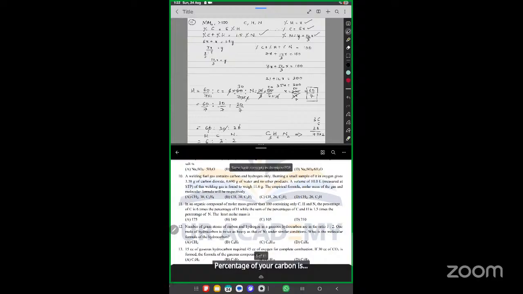Hydrogen percentage is x, carbon percentage is 6x and percentage of nitrogen is 14 by 3x. Keeping this, I have solved this.